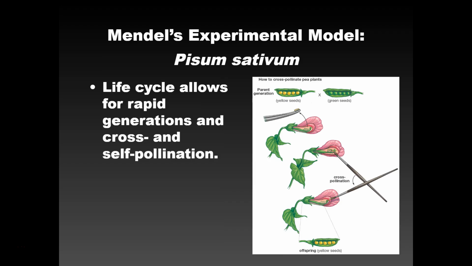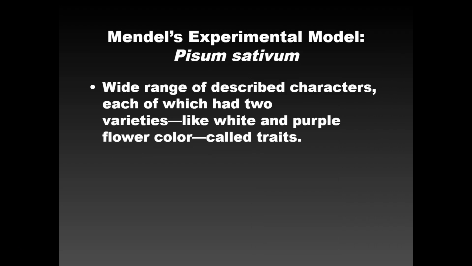Like I just said, this life cycle allows for rapid generations, cross-pollination, and self-pollination. You can control this. You can take pollen from one plant and know which plant you're using to fertilize what.